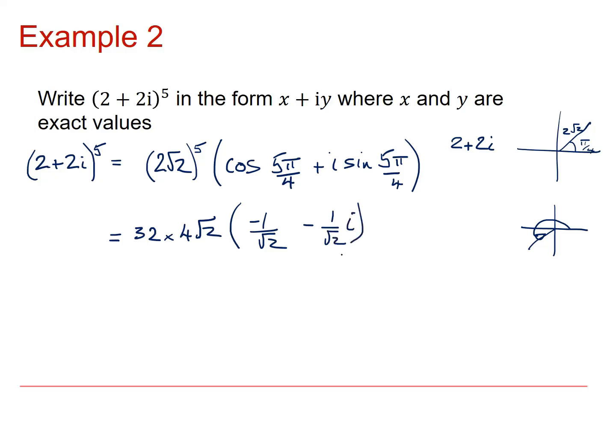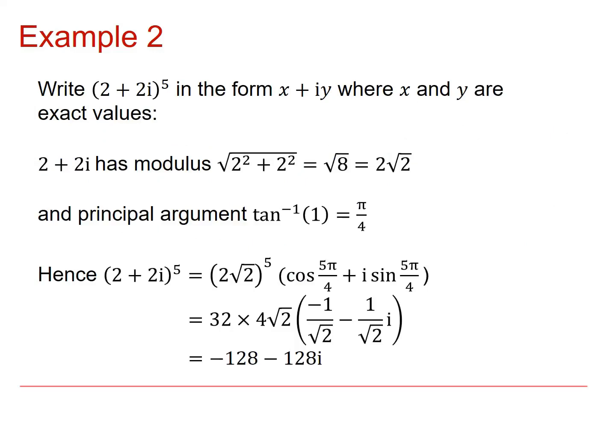Well, if we look at tidying up, I've got a common factor of root 2 on the bottom here, which is going to cancel with this root 2 outside here. So I get 128 outside, and I get minus 1 minus I on the inside of the bracket. So I'm going to get minus 128 minus 128 I. Again, there's that working tidied up for you.